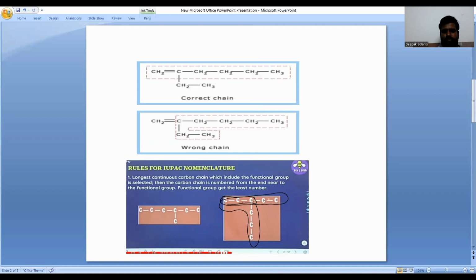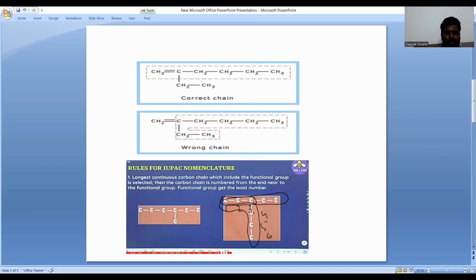We can take either of these, and the longest chain will be 6. This is the first rule of IUPAC nomenclature, to choose the longest chain.